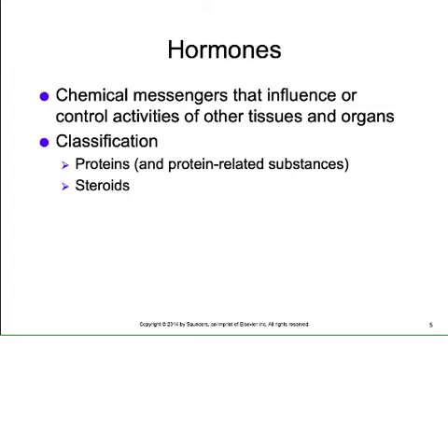Lipid soluble hormones tend to be chemicals that are based on cholesterol, or in one unusual case, thyroid hormone and T3, which are both amino acid derivatives that contain iodine.